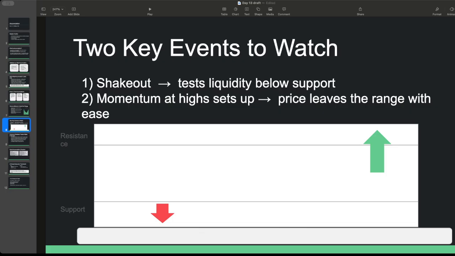And the other one, which is the most important, is when momentum sets up at the highs, right? Which is what you have here, with price setting up near resistance. I personally like it when price consolidates right under resistance, and then I look to take the breakout through that instead of waiting for resistance to be flipped as support.